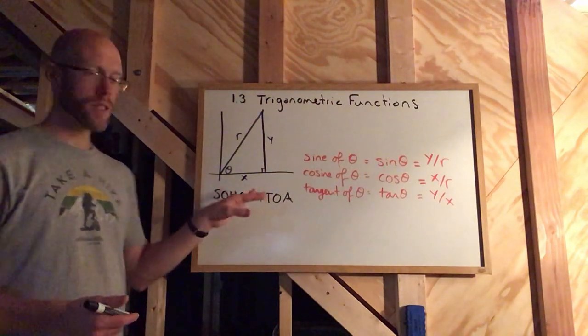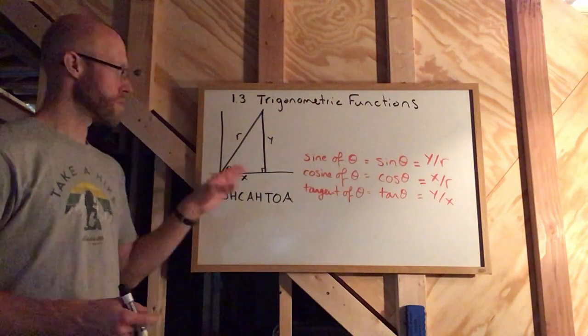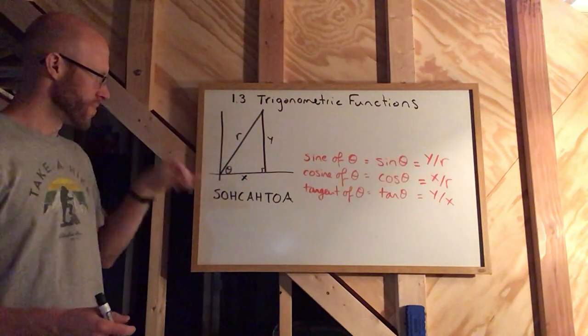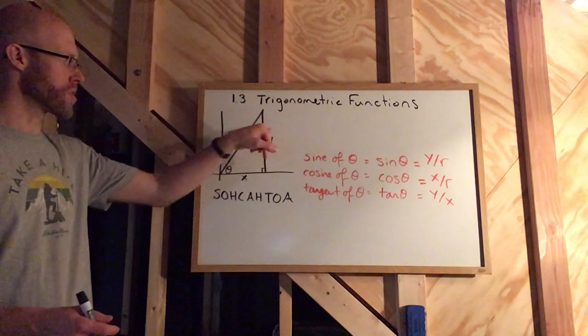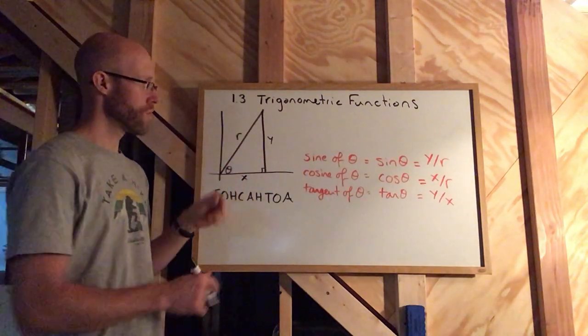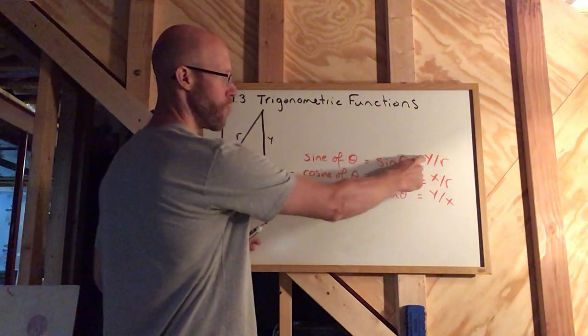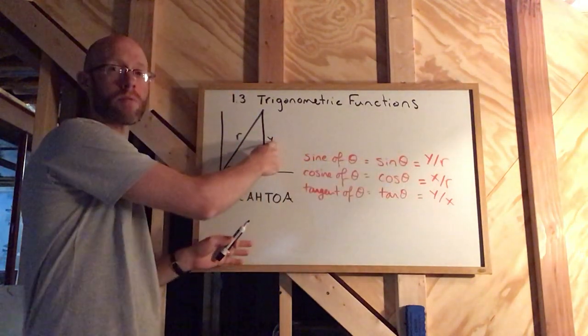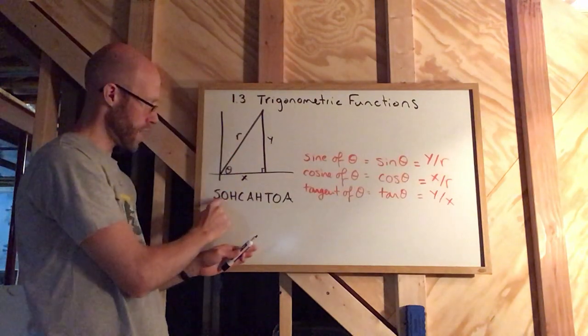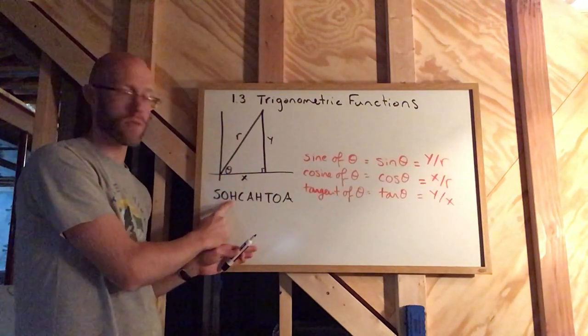The O's and the A's and the H's represent the 3 sides. The O represents the side opposite the angle. Okay. So if you notice in the sine, we have y over r. Well, y is the opposite side, and r is the hypotenuse. So we have sine is opposite over hypotenuse.